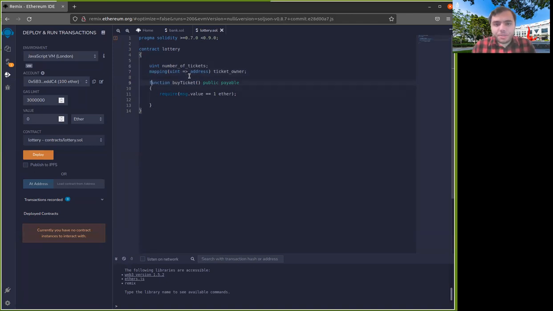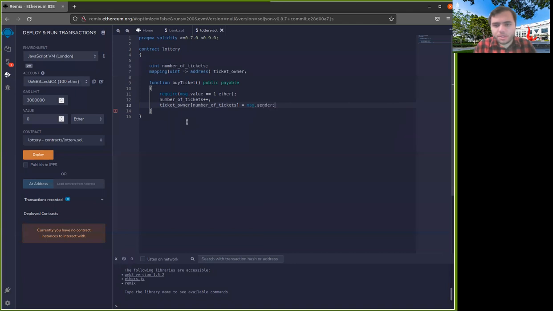Okay, so when I call this buy ticket, it should first check that I'm paying the right amount of money. And if I'm paying the right amount of money, then it issues a new ticket, which is the same as saying increase the number of tickets, and then set the ticket owner for this new number to be the person who sent this message.